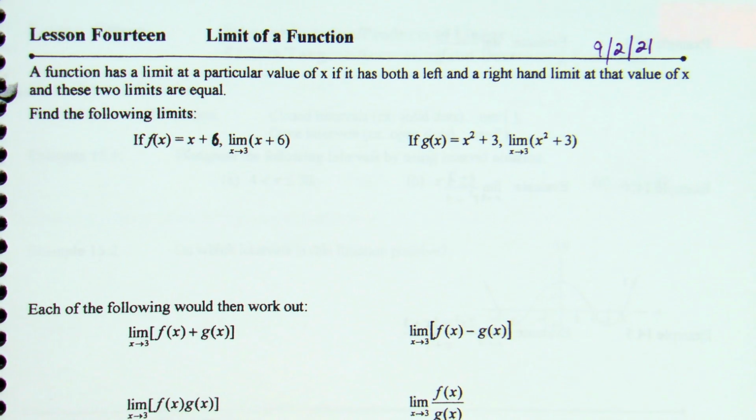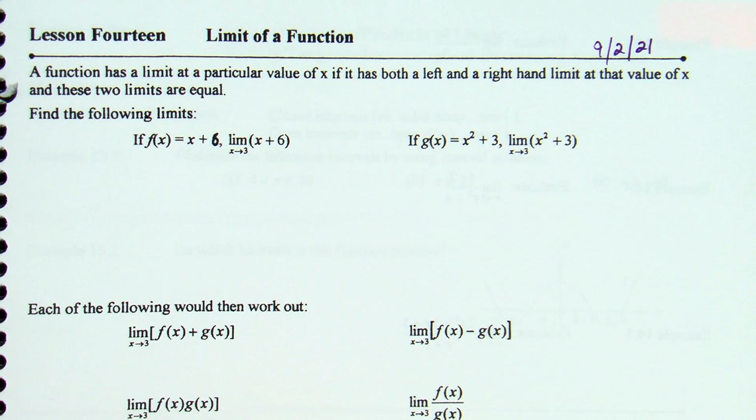A function has a limit at a particular value of x if it has both a left and a right-hand limit at that value of x, and these two limits are equal. When we looked at limits last, we looked at a left-hand limit and a right-hand limit.